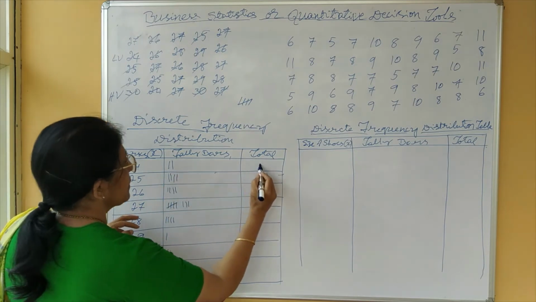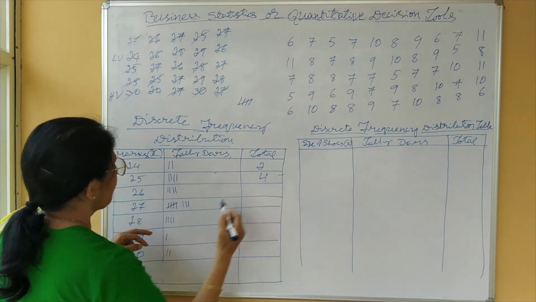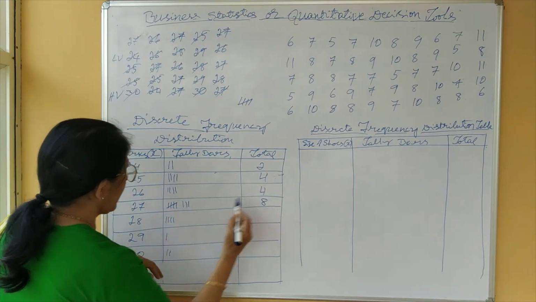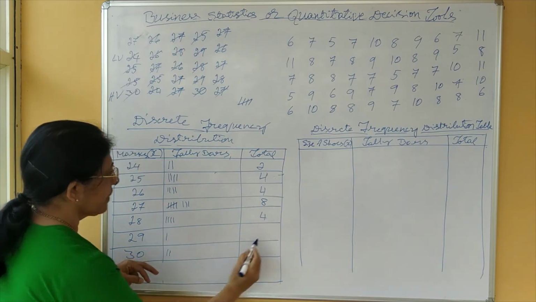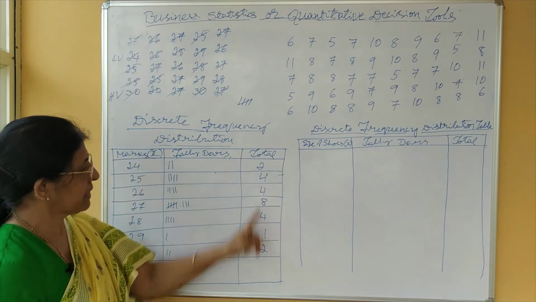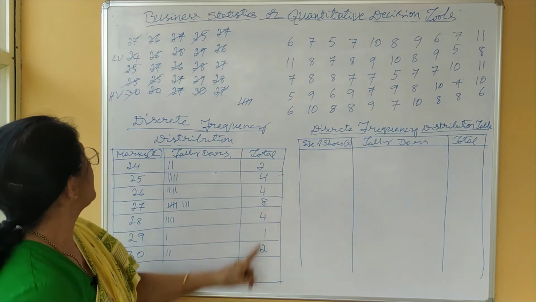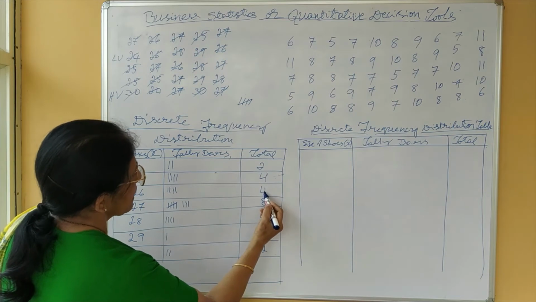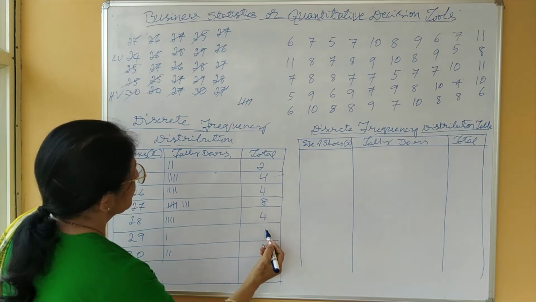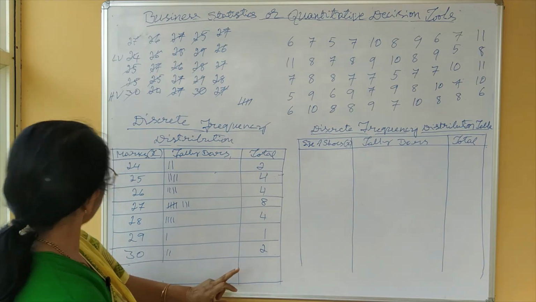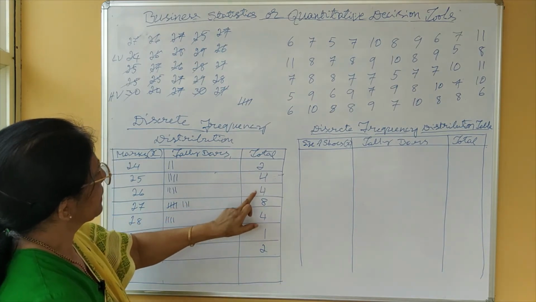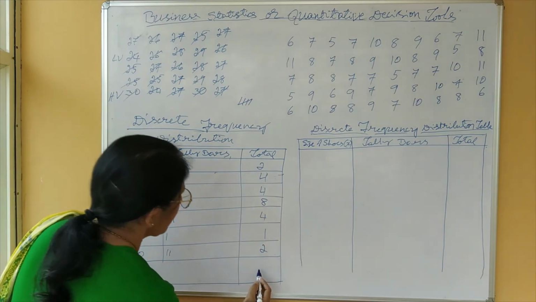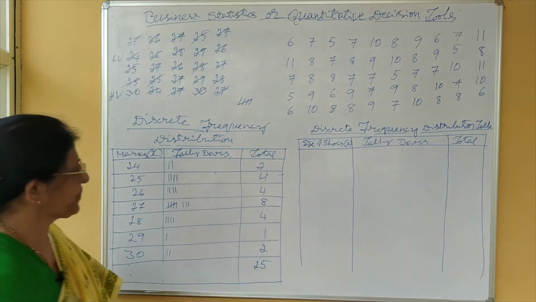Here it is 2, this one is 4, 4, this group is 5 plus 3, 8, 4, 1, 2. Now take the total of all the frequencies. 2 plus 4, 6, 10, 14, 18, 22, 23, 25.